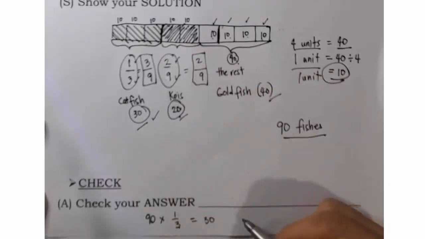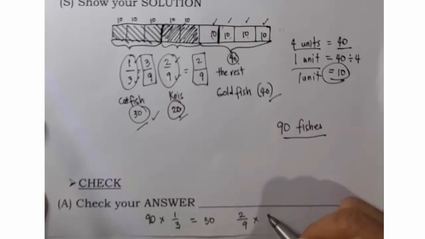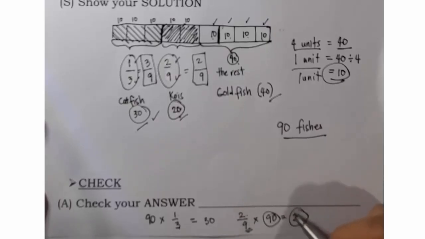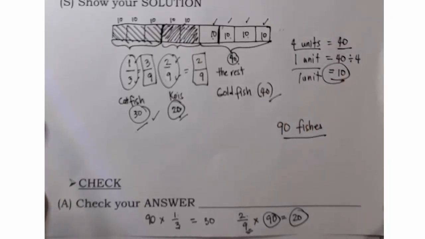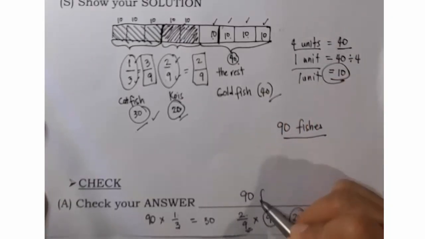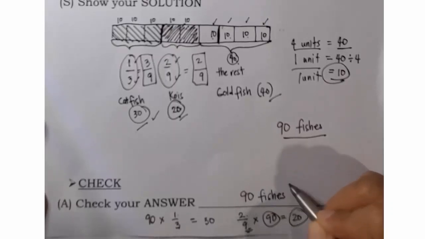Tama. So all you have to do is to get 2 nines of 90. So 90 divided by 9, that is equal to 10 times 2, tama, 20. And of course, we do have here 40 goldfish. Therefore, the correct answer is 90 fishes.